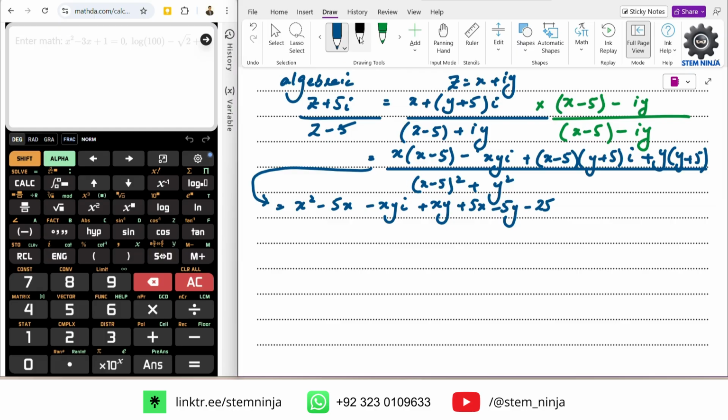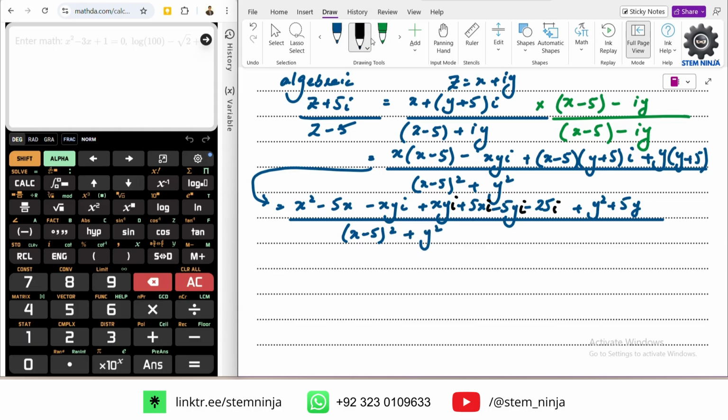Sorry, this was all in i, right? So this is your i, this is your i, this is your i, this is your i, and this becomes y squared plus 5y, right? Okay, the denominator will stay as it is, plus y squared. Okay, so let's see if we can simplify a little bit.